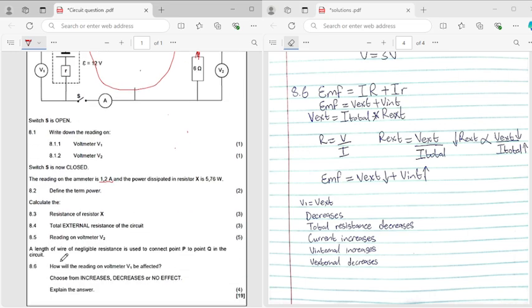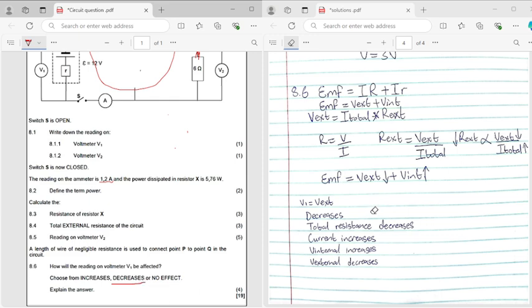So this is what they want to know: what will happen to V1. V1 is equal to the external voltage. Since the external resistance decreases, V1, which is the external voltage, will also decrease. So that's why we say decreases. We're going to choose that option.